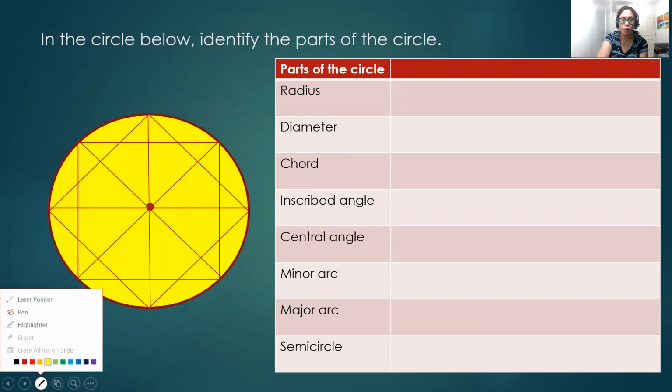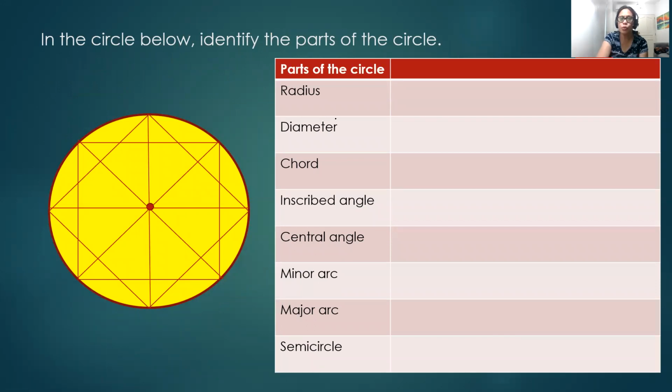Now let's name some parts. If these are points A, B, C, D, E, F, G, H, and we name this circle O. For radius, we have line segment OA, OB, and OC.